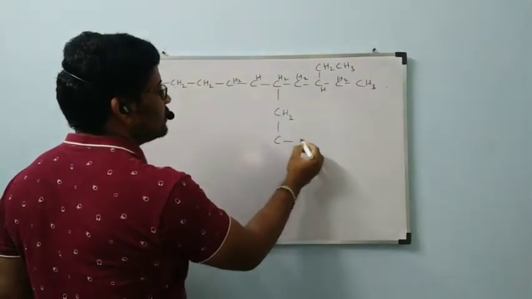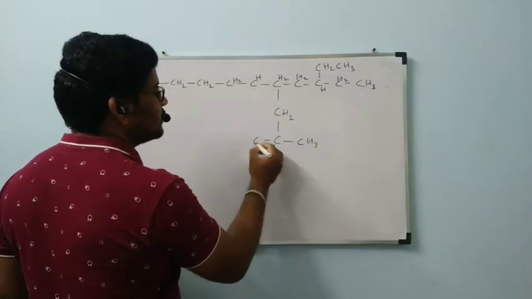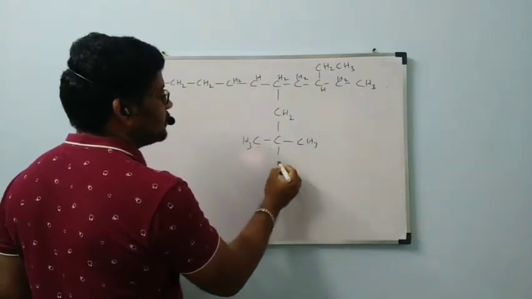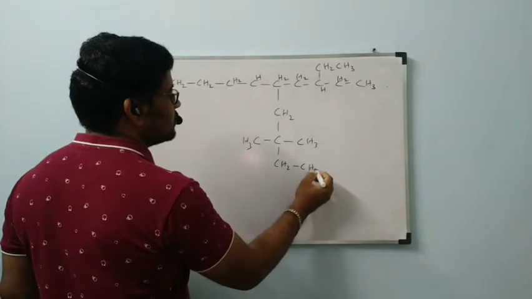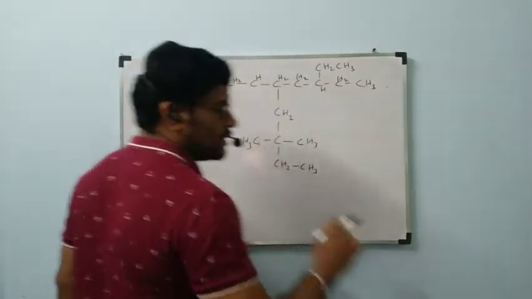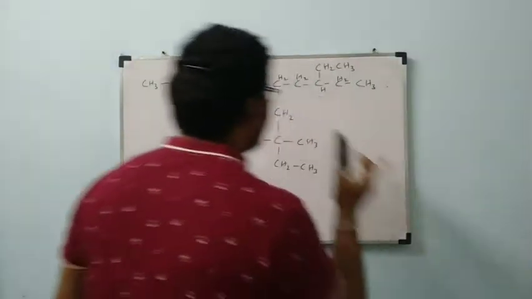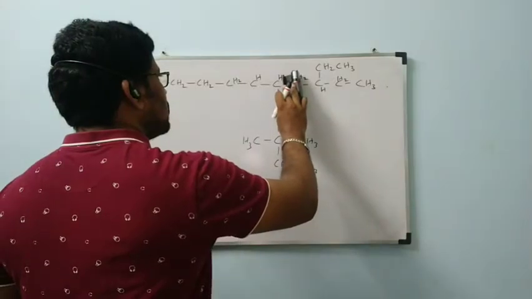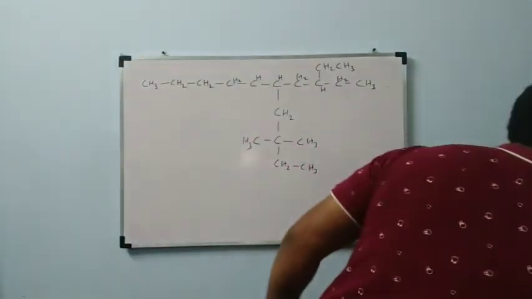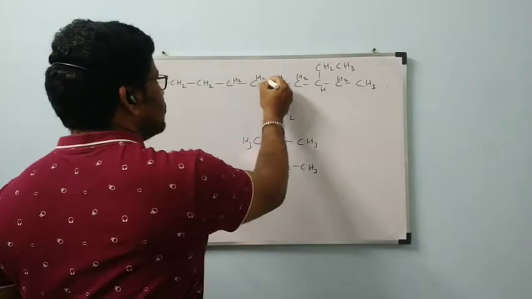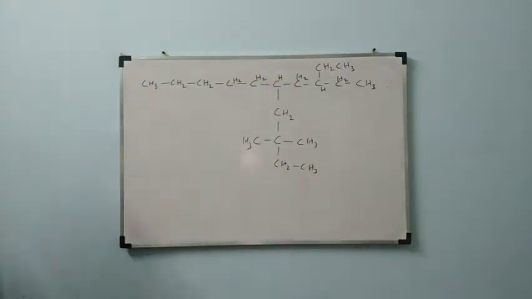CH2, C, CH3, CH3, CH2, CH3. Then here one hydrogen only. Here we have two hydrogens. This is the given compound. You can observe it in the textbook, page number 335.